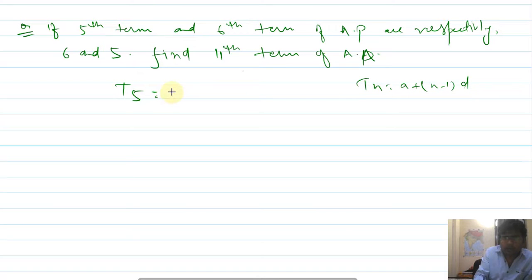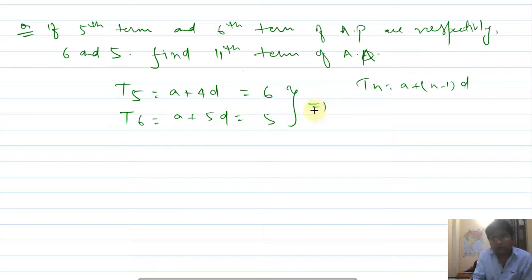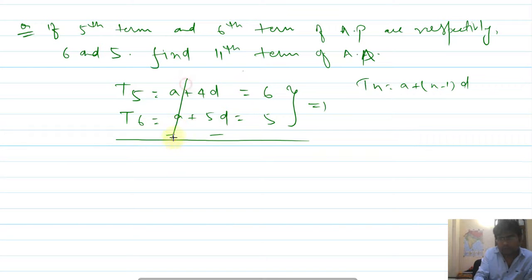So here we write a plus 4d, and the sixth term is given as 5, so t6 is a plus 5d. So here are two equations and two variables, you can solve. Subtract, so a cancels, and minus d equals 1, and d equals minus 1.